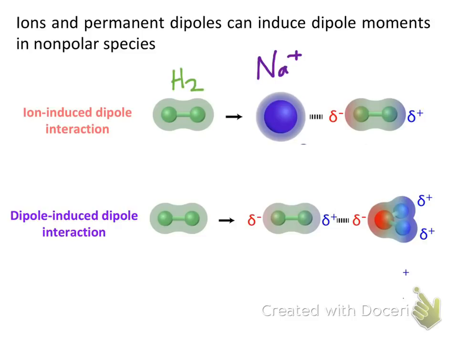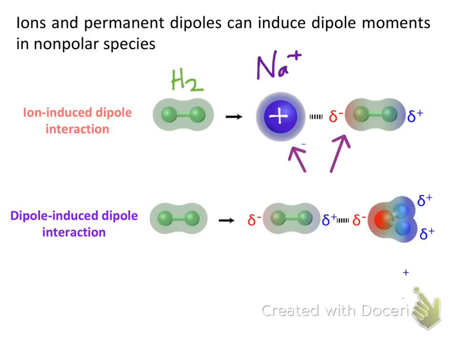Well, it's going to be able to induce a temporary dipole. So this positive charge of sodium is going to be able to draw the electron density of hydrogen closer to it, therefore creating this interaction here.